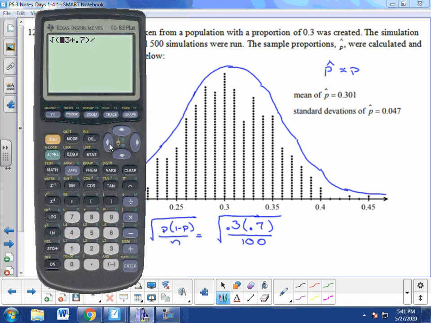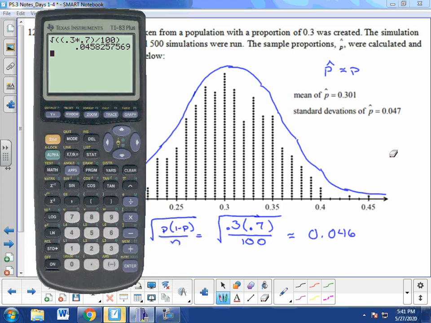I need another set of parentheses here. Hold on. Make sure we get the correct input method here, and to make sure that we have our 100 inside the square root. Here we go. What I get is approximately 0.046.